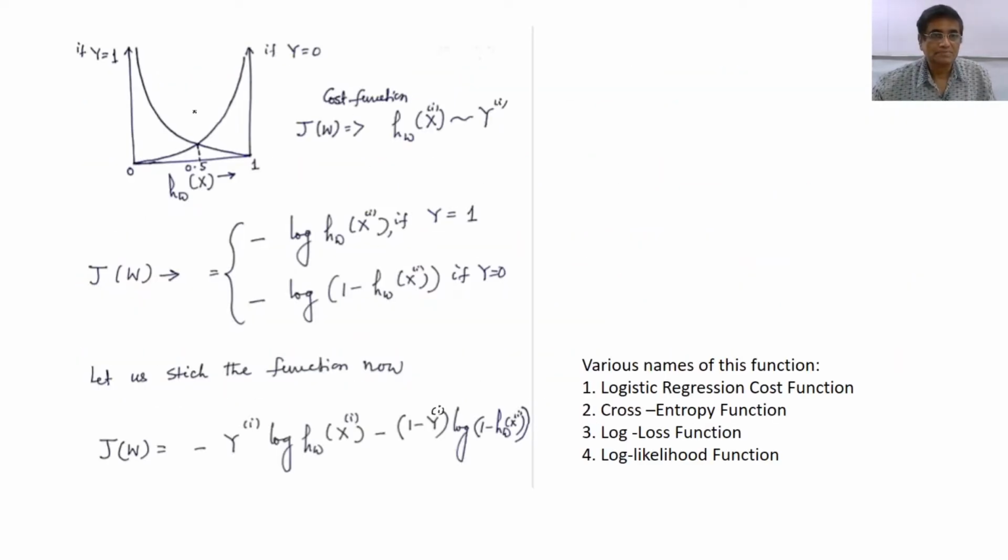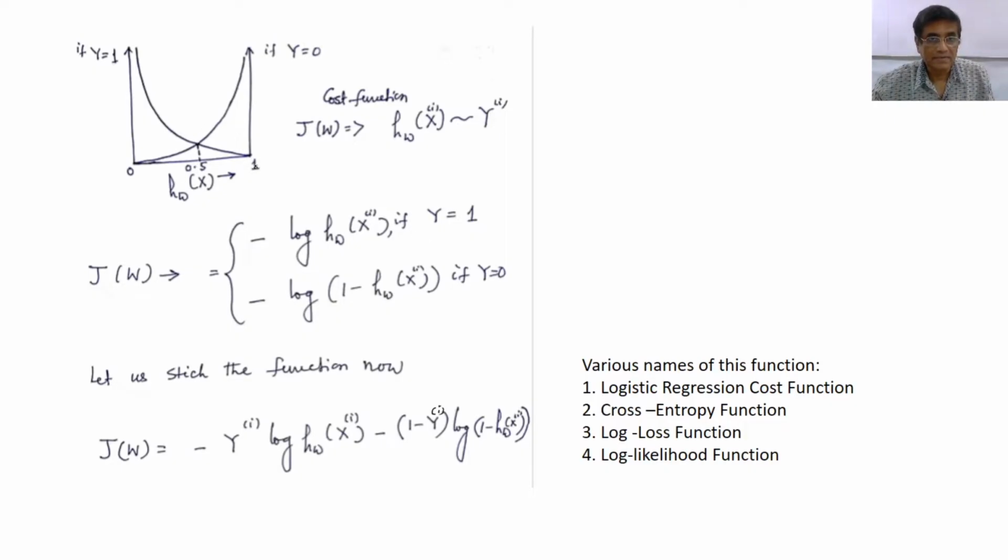So this was our cost function, a beautiful cost function, and this cost function, as you know, has so many good names. This is called the logistic regression cost function. It is a function which is convex in nature, where we will run the gradient descent algorithm. But here, the two log functions belong to the two classes.